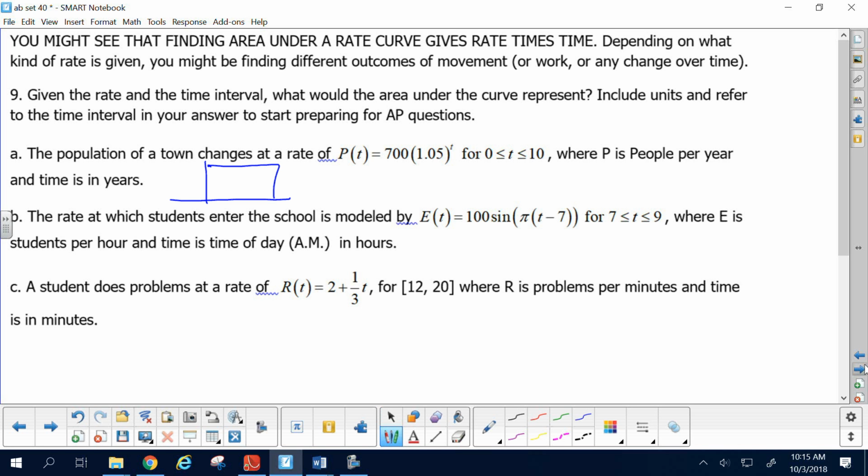National Junior Honor Society will be in the cafeteria on Friday during 10th hour. Please sign up in the cafeteria.